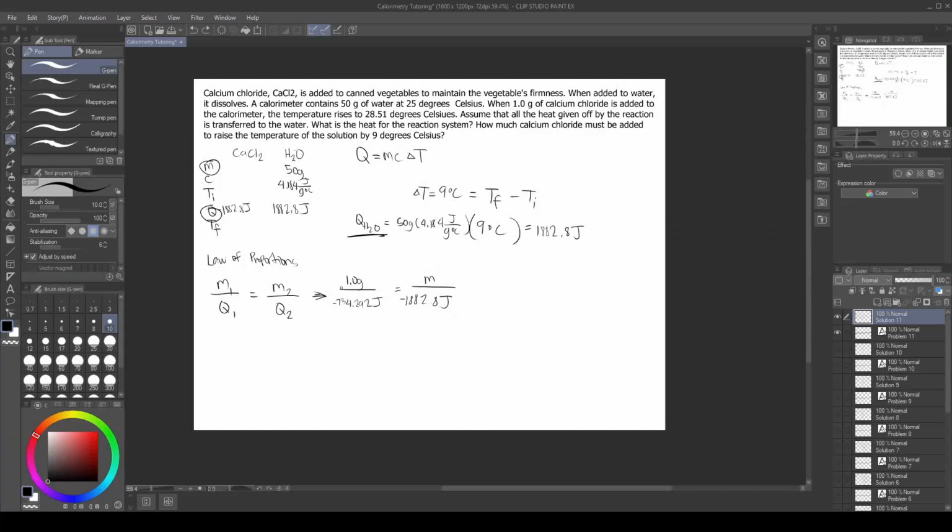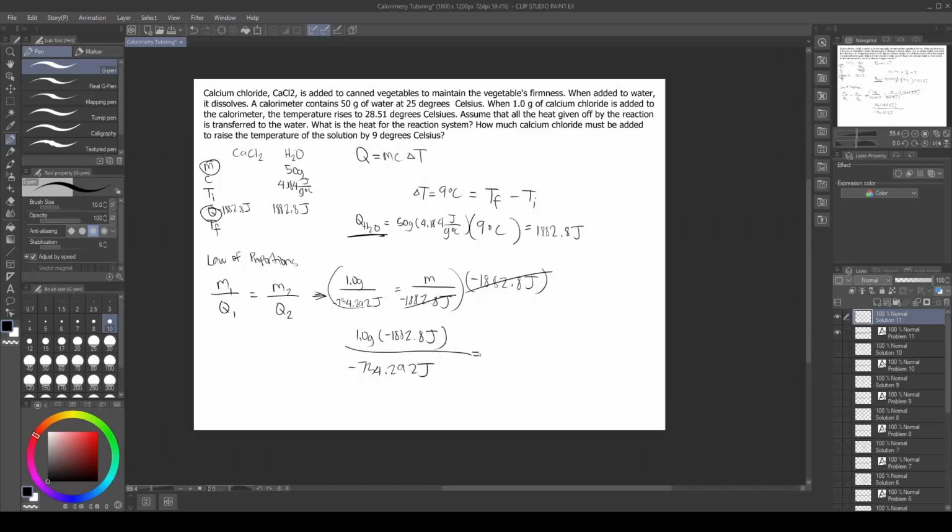So what you can do is multiply both sides by negative 1882.8 joules. What that does is this is going to cancel with the bottom part, and this is going to be multiplied to the top part here on the left. So it's going to be 1.0 grams multiplied by negative 1882.8 joules all over negative 734.292 joules.